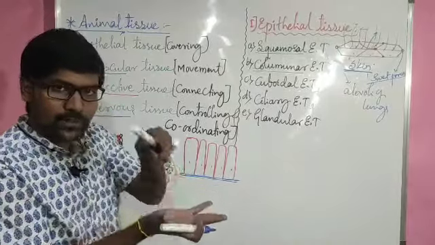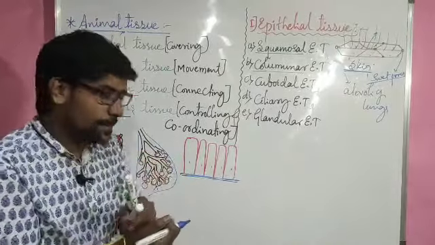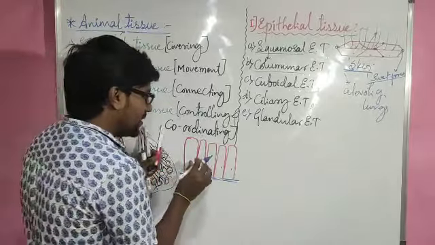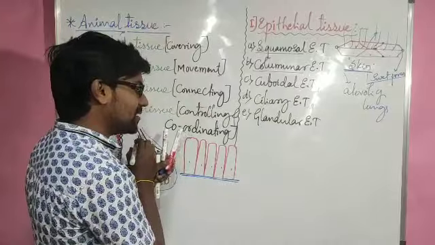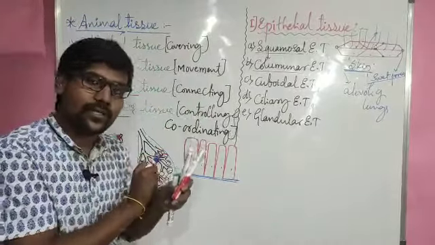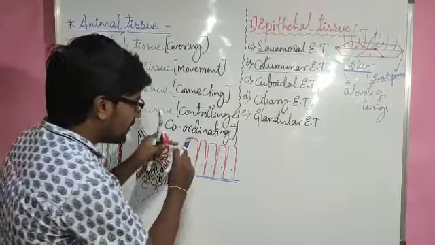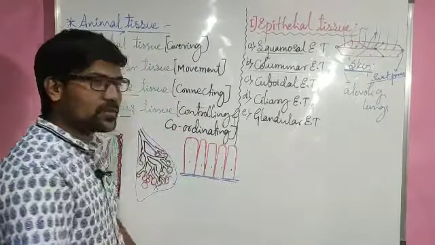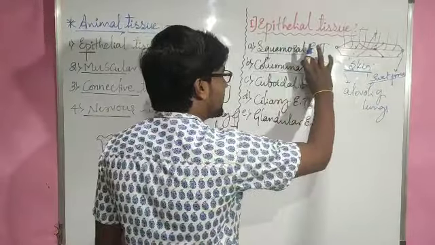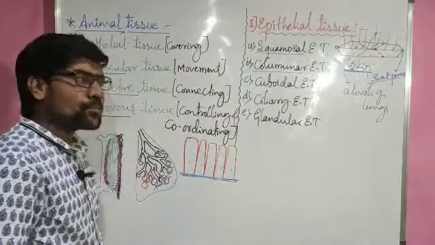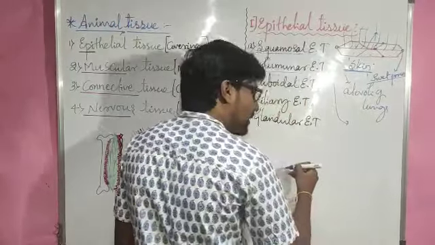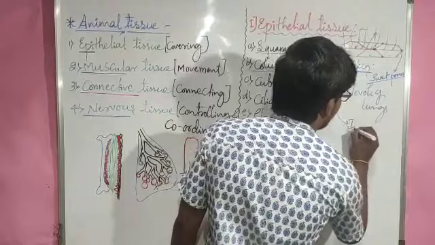To the basement membrane, those cells are attached very firmly. These longitudinal cells usually help in absorbing any kind of materials, or they may provide major space for anything to happen. So we will refer to this kind of cells as columnar, and we will observe the columnar epithelial tissue in the case of the intestine.